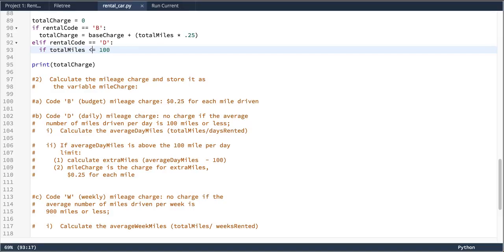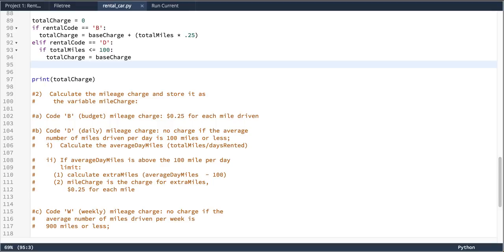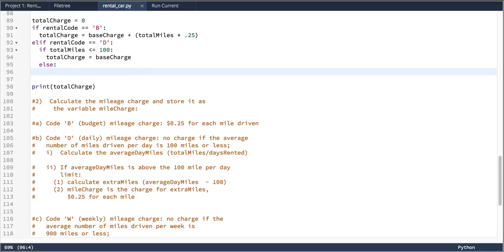We only need to calculate it if, well, that's not true. My bad. We're going to say total charge is equal to base charge. Otherwise, we have to do something.